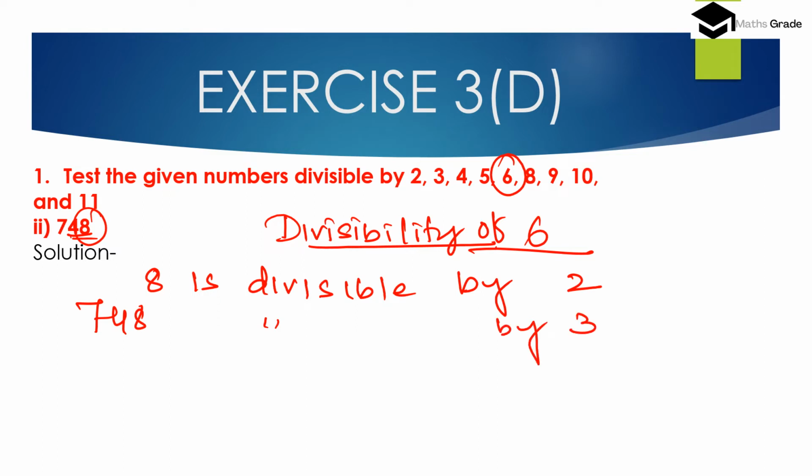Now is 748 divisible by 3 or not? Here the sum of digits is 7 plus 4 plus 8, and this is 19. And 19 is not divisible by 3.